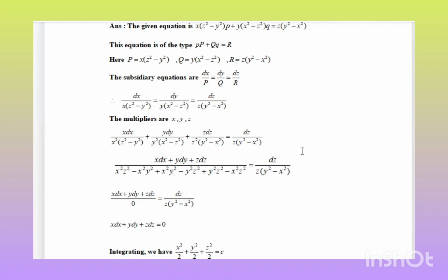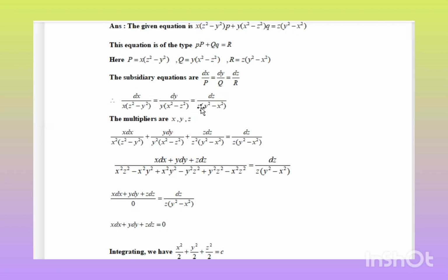So therefore, if you multiply the first term by x, x dx divided by x square into (z square minus y square), plus y dy divided by y square into (x square minus z square), plus z dz divided by z square into (y square minus x square), is equal to any one of these, because these three terms are equal.